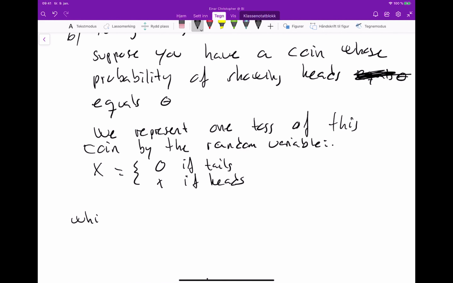Which means that the probability of X equal 1 is equal to theta.